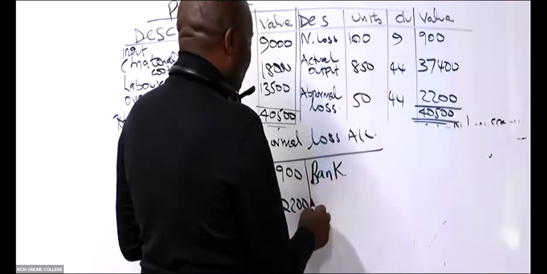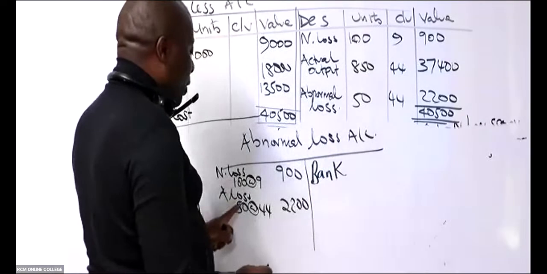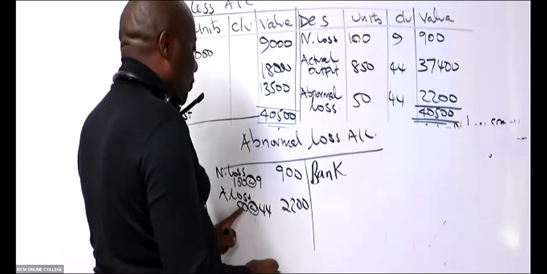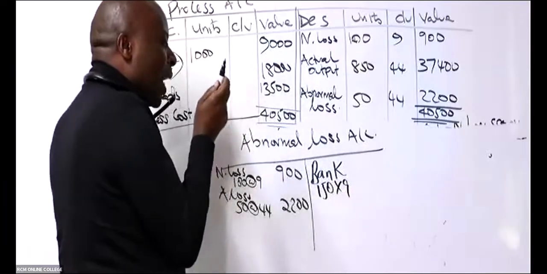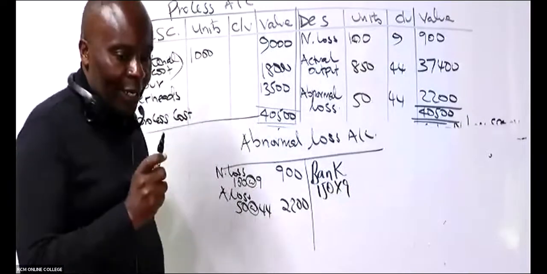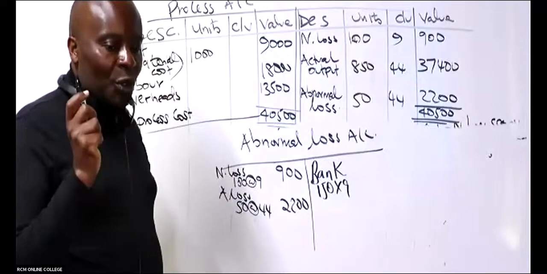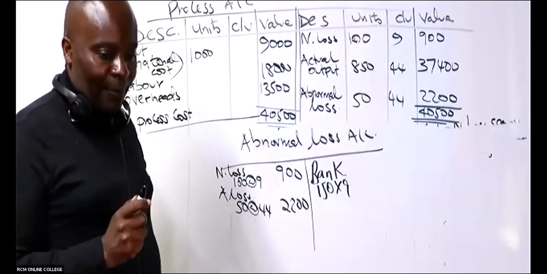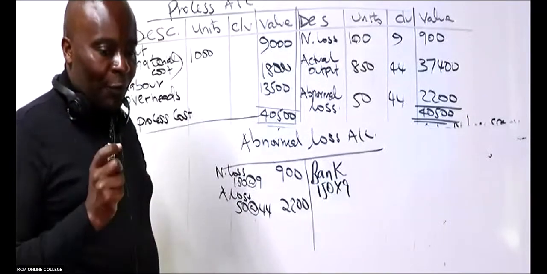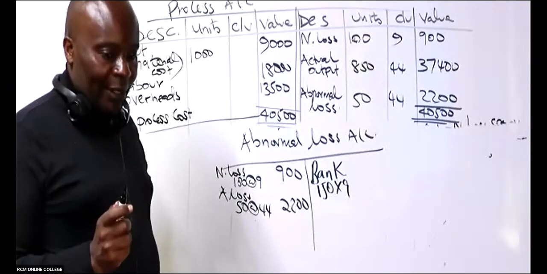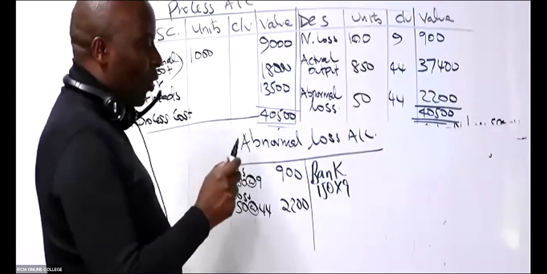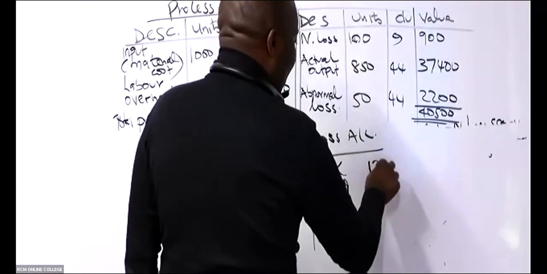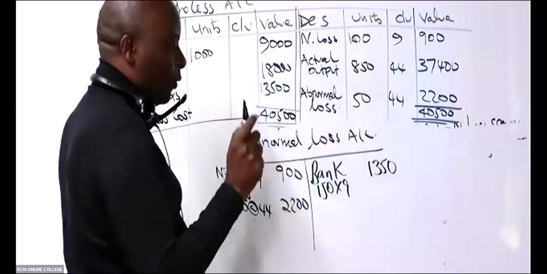So the bank total here is 150 units, and don't forget to scrap them at the scrap value given. So 150 times 9. I'm being given a figure of 1,350.